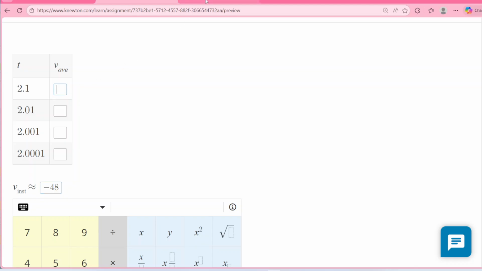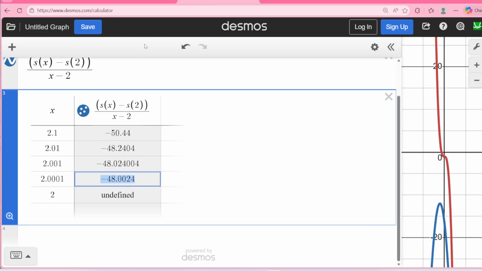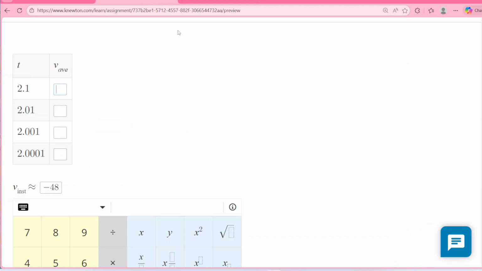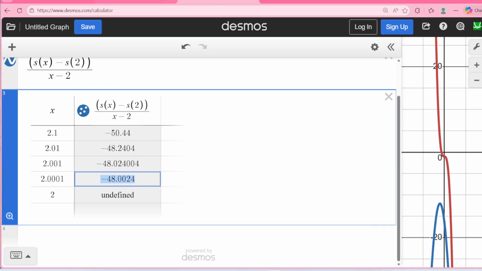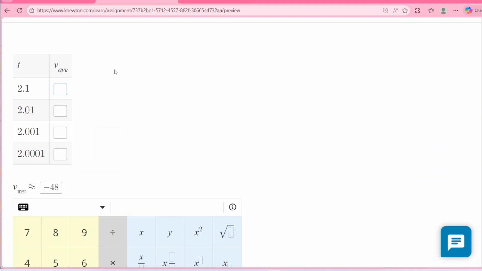And then all these, I'll type in what I've got in the table here, and hopefully things work out. Again, some of these might have been cut off earlier than I wanted, but we got -50.44, the average velocity, -50.44 feet per second, from 2 seconds to 2.1 seconds.